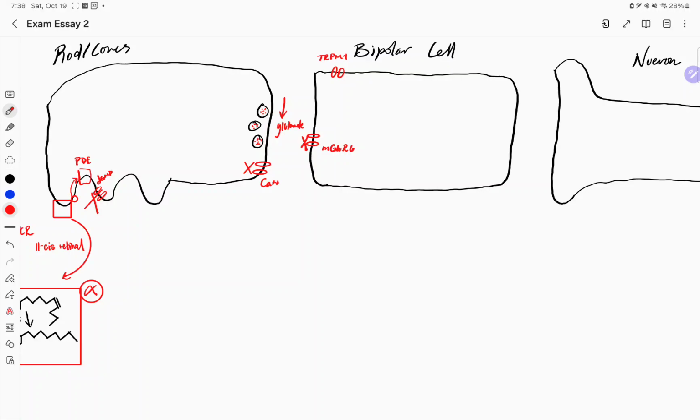And if TRPM1 is open, you're going to have sodium coming into the cell, causing depolarization, which is going to open calcium channels.